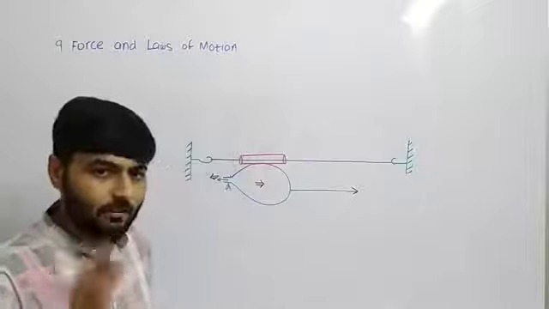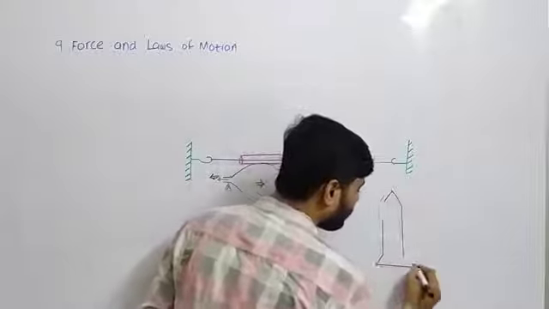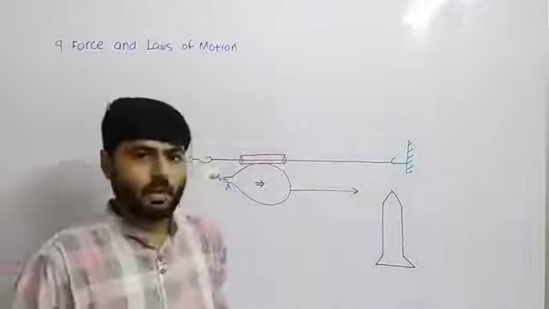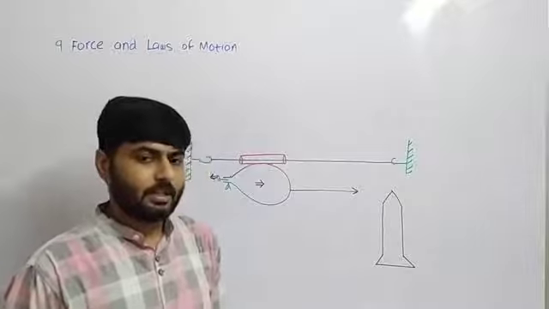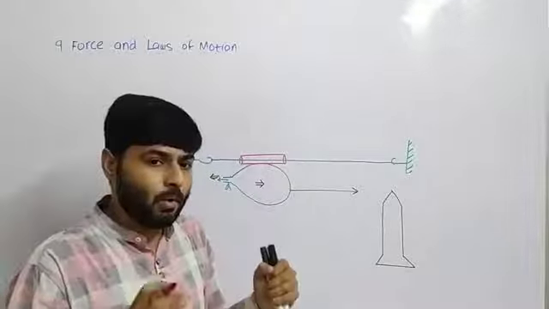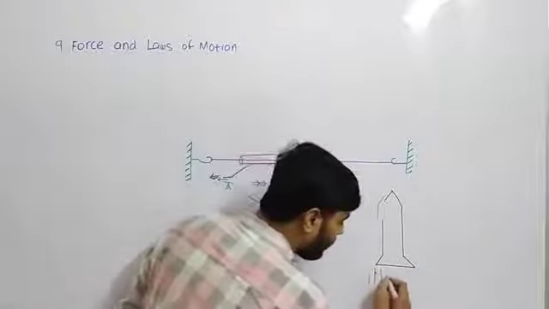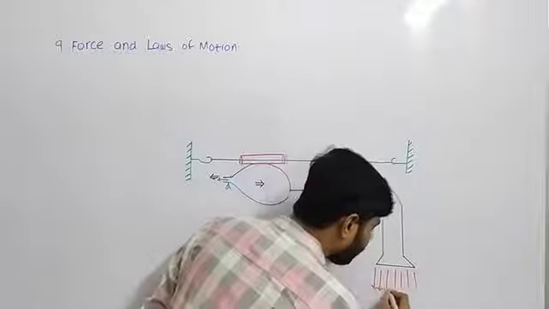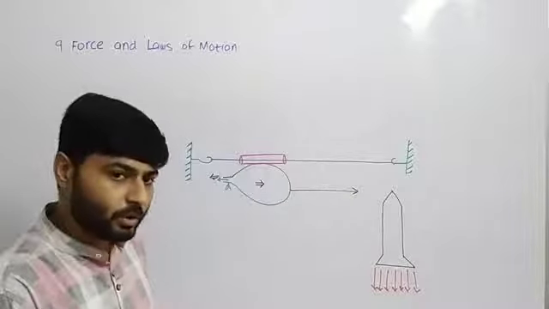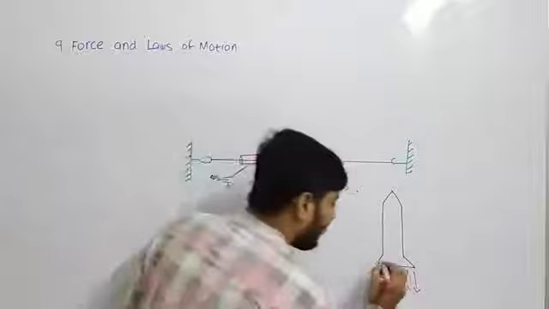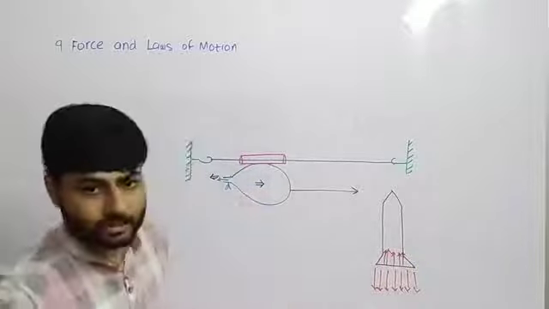What happens when we release a missile or rocket? We have rocket propulsion, and when this propulsion gets fired, a plenty of smoke comes out from this rocket, and this smoke exerts force in this direction, in the downward direction. So the opposite force that acts on this rocket will be in the opposite direction.